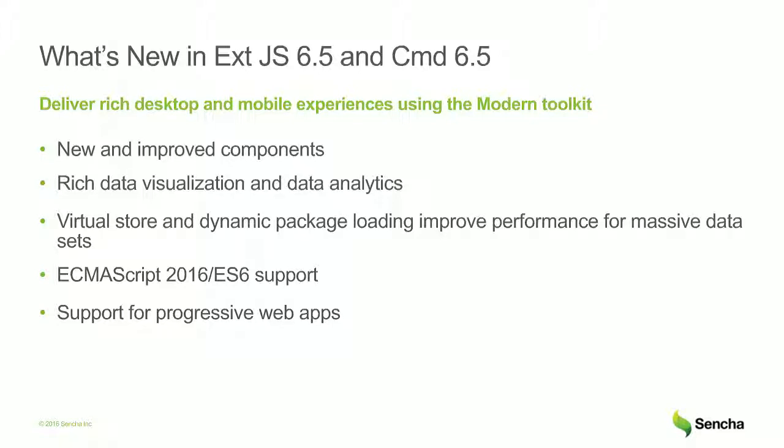What we really focused on when we were creating 6.5 is trying to increase the similarities between the classic toolkit and the modern toolkit. As well, existing users probably know that the modern toolkit evolved out of Sencha Touch and has traditionally been considered sort of a mobile solution for Ext JS applications.